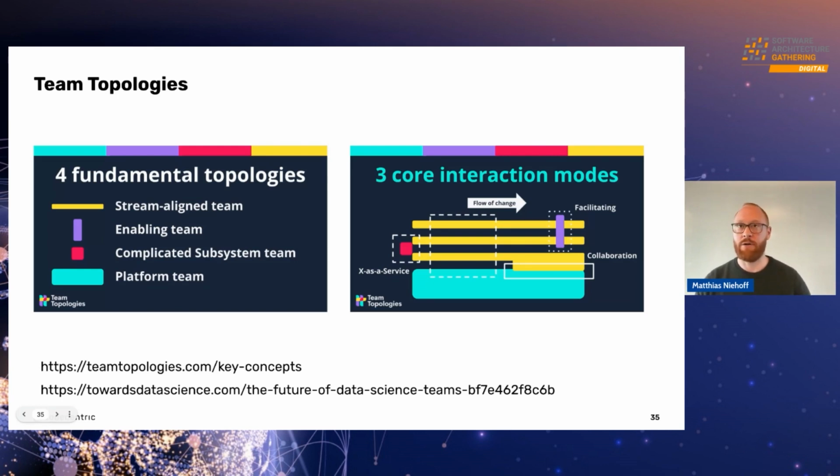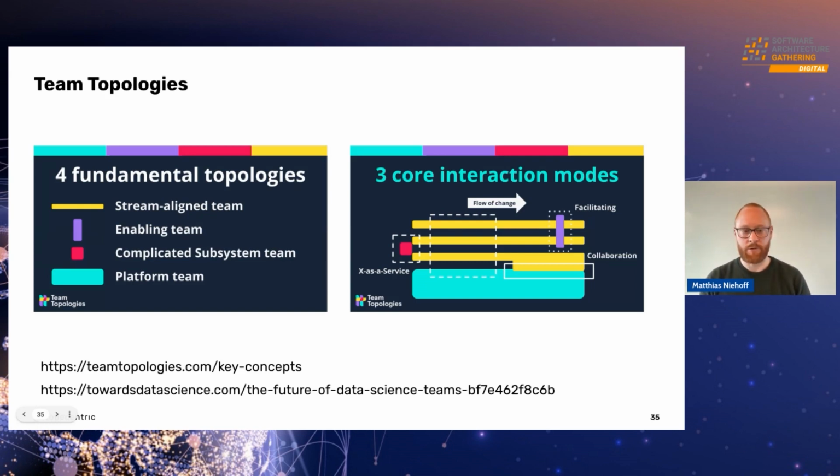You don't have to get into Python and Parquet and all this stuff, but I can just say, hey, I want to publish this data, and nearly done. We have complicated subsystem teams. Maybe it's the data analytics stuff. Maybe it's also a stream-aligned team. So I think the ideas of team topologies also help you on the data side on how to structure and organize things there.